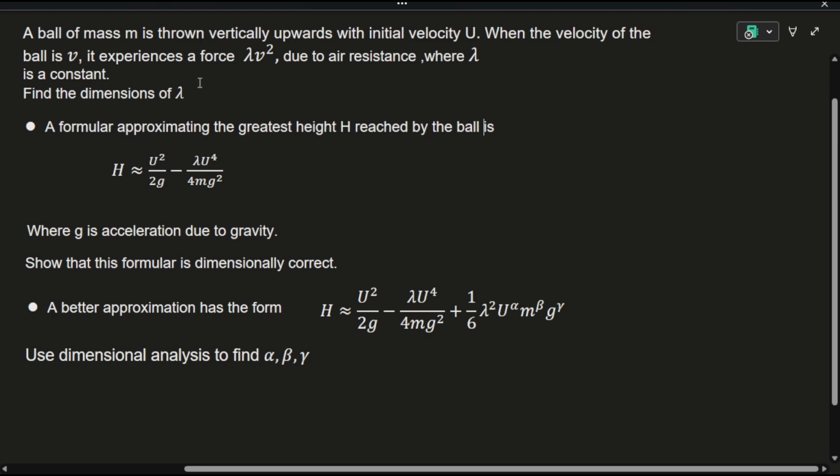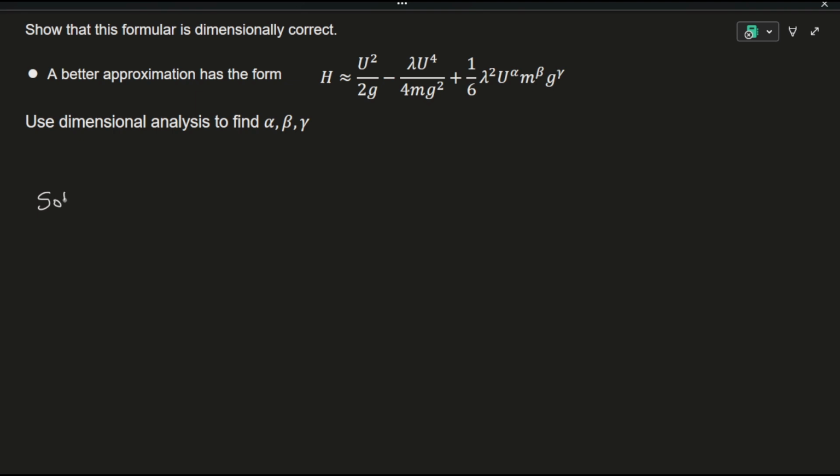So let's consider the dimensional analysis aspect of the question and determine the dimensions of lambda. So let's go ahead with a solution. The force is given as lambda v squared, and so lambda can be rewritten as follows.